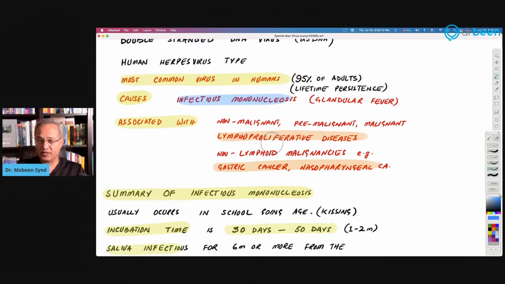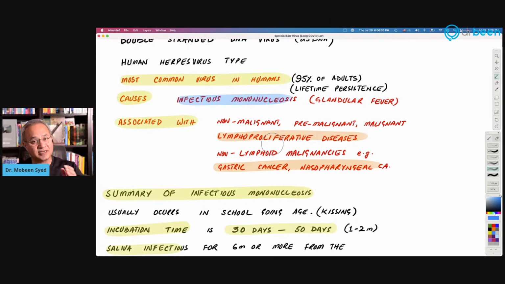In addition to the B cell, it can do that to T cells and NK cells as well, more importantly, NK cells. And because of that, some cells can become immortal and continue to replicate forever, converting into cancer cells. So, for example, in Africa, it can cause Burkitt's lymphoma.